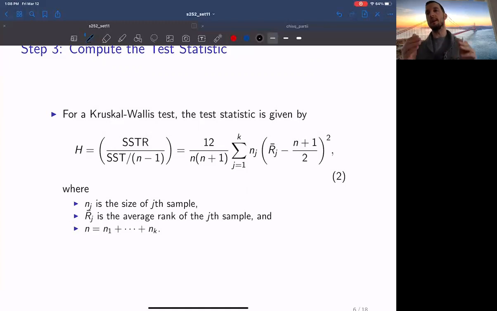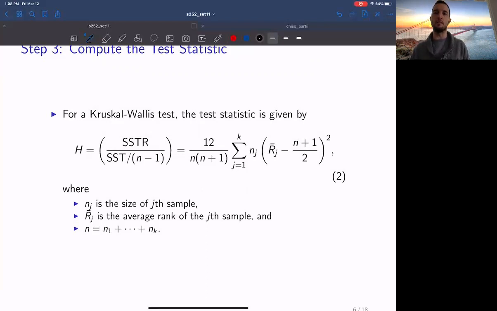So just like in a one-way ANOVA, where we compared SSTR to SSE, we compared MSTR to MSE to find our test statistic. And the rationale was if there's a large variation between the groups compared to within the groups, that would give evidence of a difference. Here we have a similar analogy, except that we are standardizing by the MS total rather than the MSE.